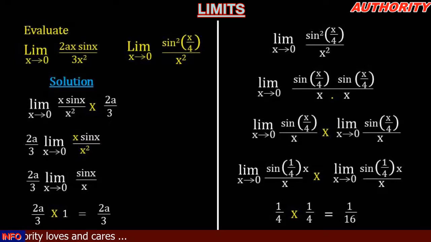So the first limit gives us 1 over 4, and the second limit gives us 1 over 4. So 1 over 4 times 1 over 4 is equal to 1 over 16. Therefore, limit as x approaches 0, sine squared (x over 4) all over x squared is equal to 1 over 16.